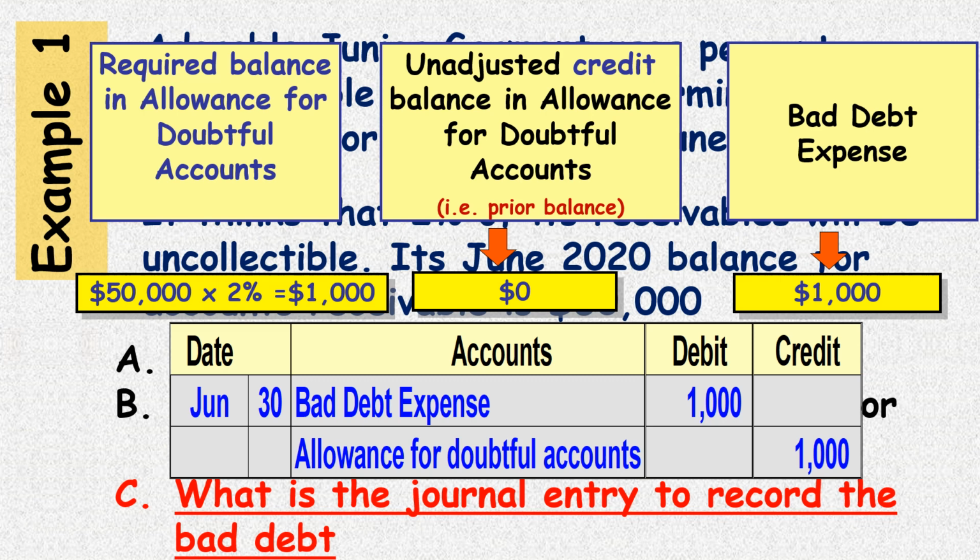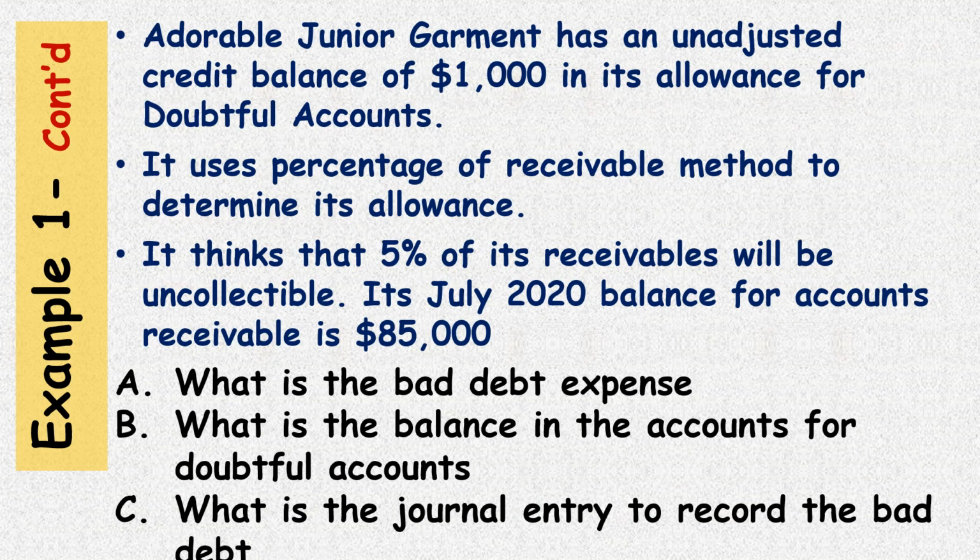We will take this same example and continue it into another month, July, to tell you how we come up with the second month of the bad debt expense. So this is the same example but continued.